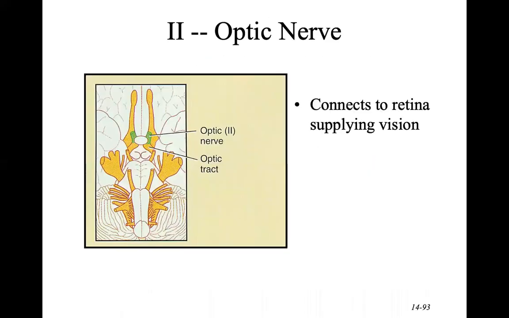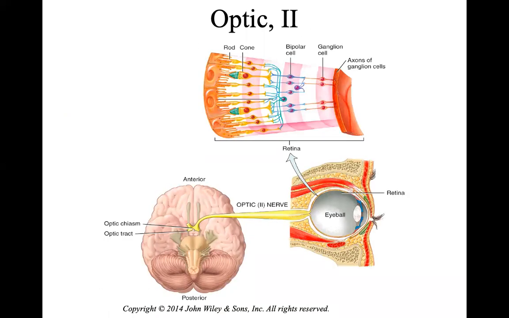Optic nerve, cranial nerve 2, vision. What I want you to see is how all of these receptors, the rods and the cones, right? Rods are for black and white, cones are for color vision. They sit in the eye in epithelium.